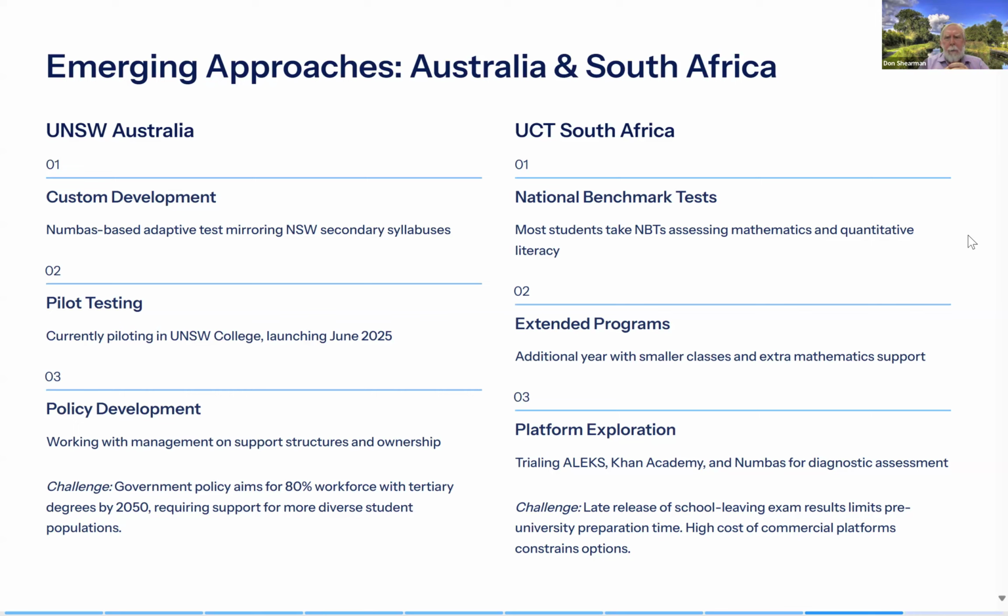UCT has national benchmark tests, but they're still looking at trialing diagnostic tests, particularly for international students, and that's also an issue for all of the other places as well, because even if we know what our New South Wales students have done, students are coming from all over the world and have totally different requirements.